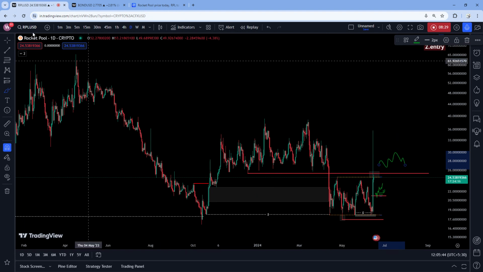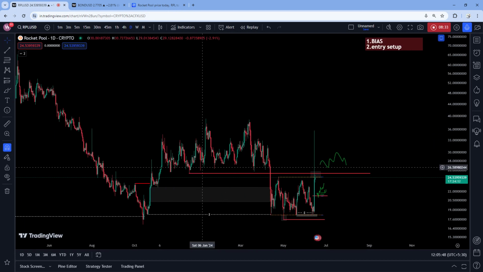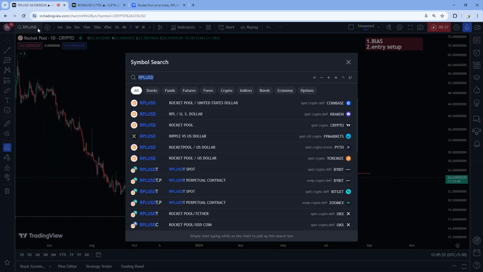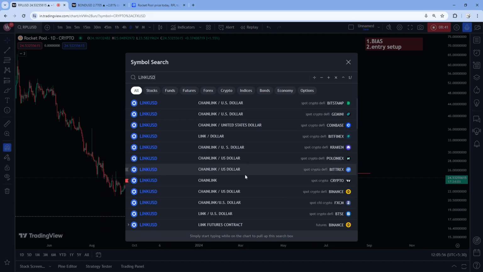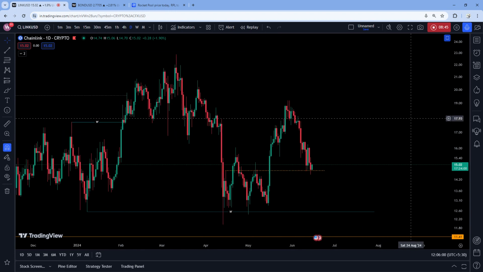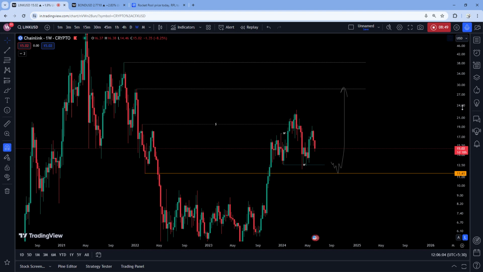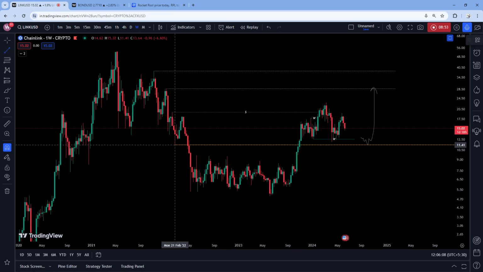I'm talking about something that happened with the LINK USD chart. So this support and this range, talking about this thing. See how this is a support level.